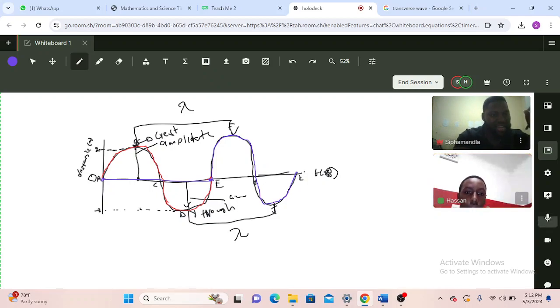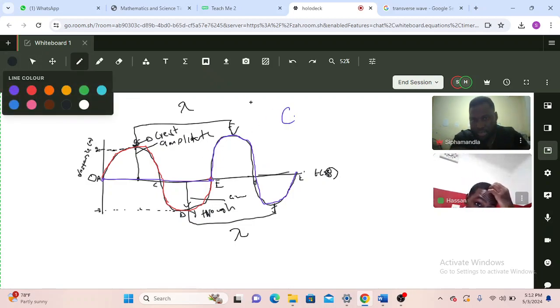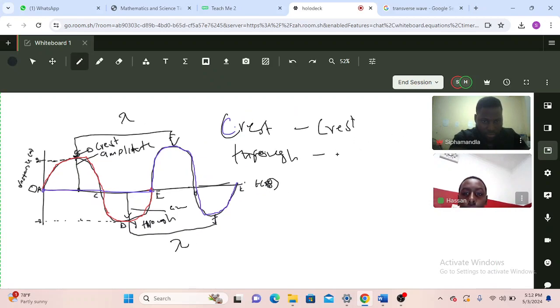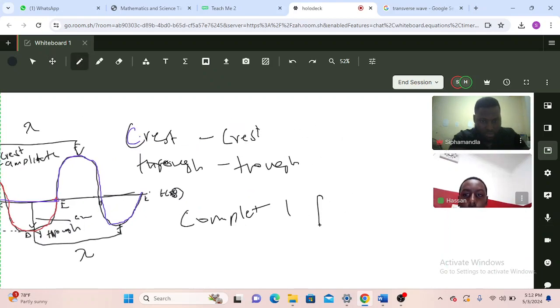So the wavelength is the distance between the crest and the crest, and between the trough and the trough. Let me use the black pen. And it's also the distance it took to complete one full cycle.